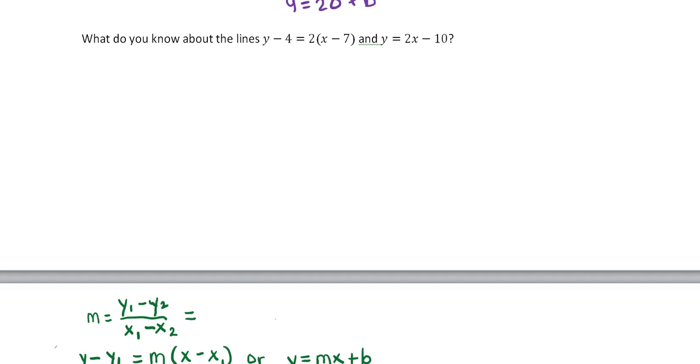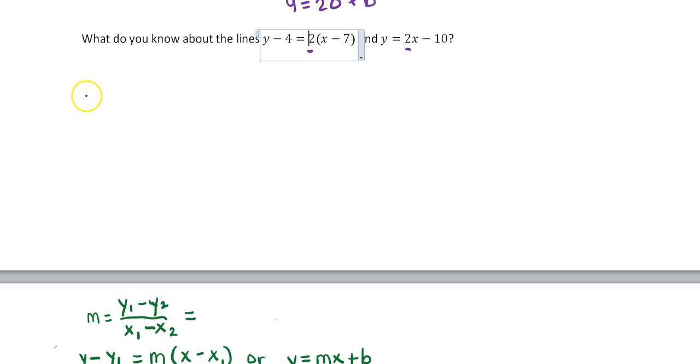So I'm going to go ahead and walk through converting this point slope into slope intercept, and we'll see if they are the same line or whether they are parallel, because we know we have a slope of 2 on both of those. So we know that this is either parallel or it's going to be the same line. So let's go ahead and work through that.